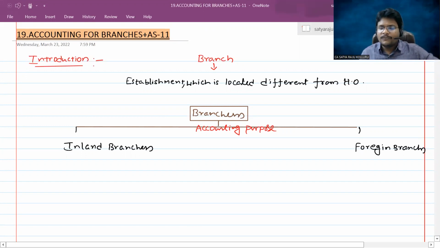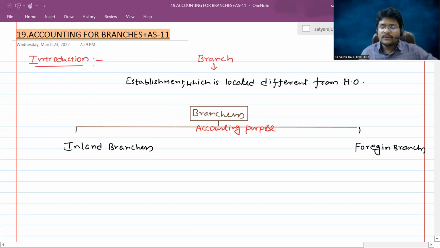Here also, what is the objective of a specific branch account, sir? Knowing the profit or loss of that branch, along with knowing the financial information of that branch. Financial information includes both profit or loss along with the financial position of that branch, that is, knowing the assets and liabilities of that particular branch.